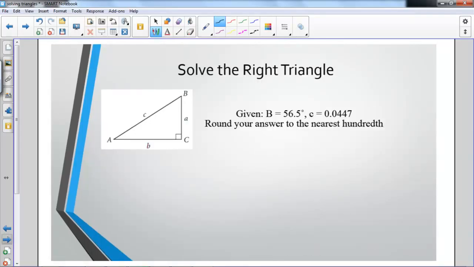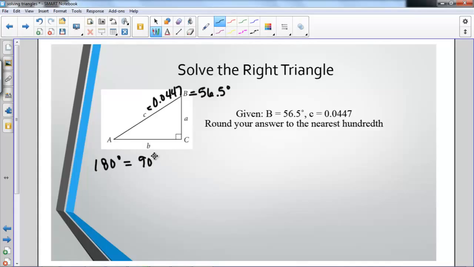In this next example, it's given that B equals 56.5 degrees, and little c, which in this case is our hypotenuse, equals 0.0447. Again, the sum of the angles of our triangle has to equal 180 degrees.